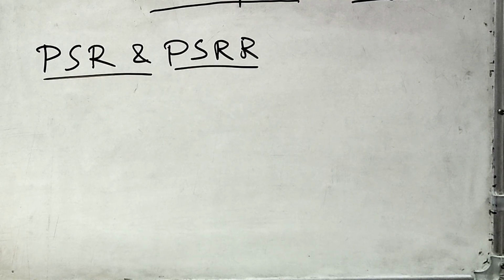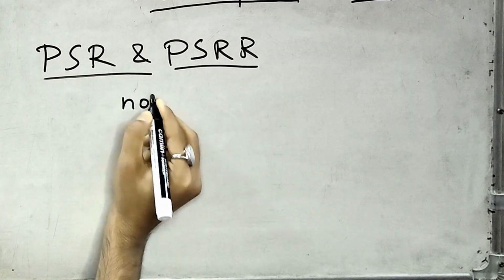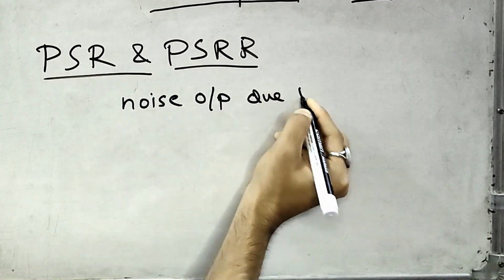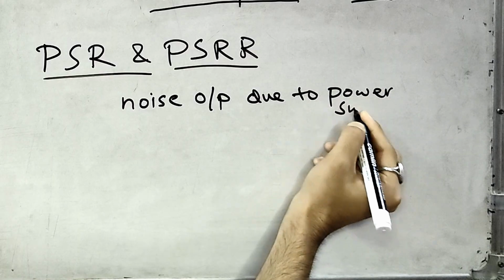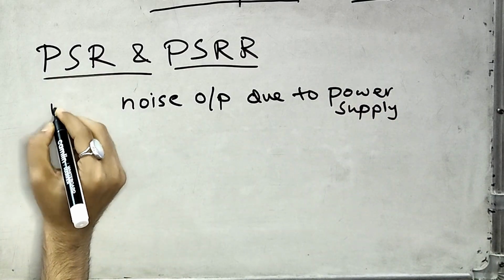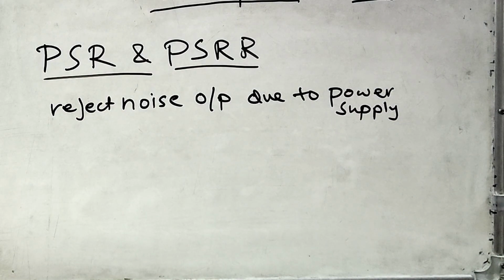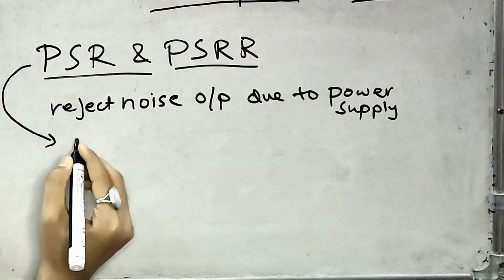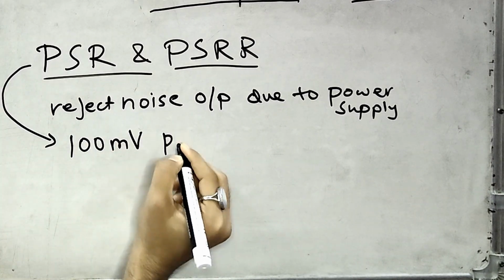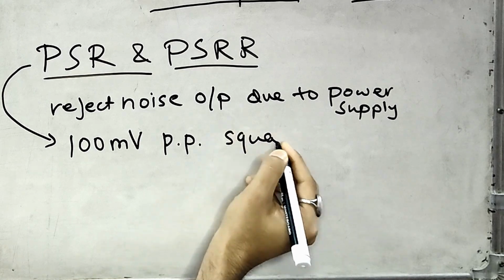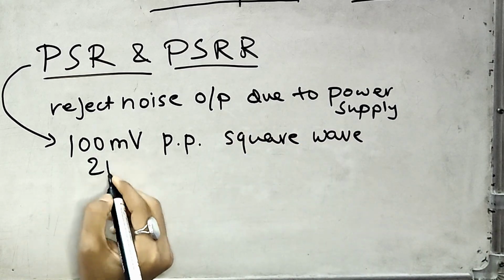Next we have PSR, power supply rejection, and PSRR, power supply rejection ratio. These parameters tell us how well the microphone ignores noise on its output due to the power supply. The PSR is tested with a 100 millivolt peak to peak 217 Hz square wave injected on the VDD.